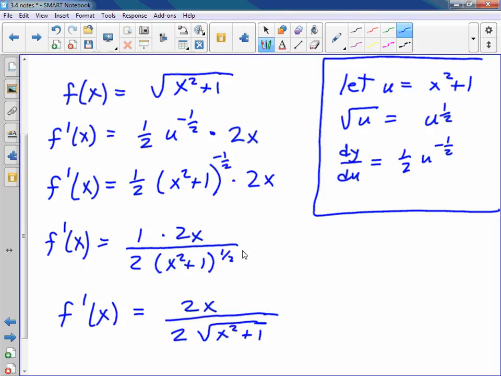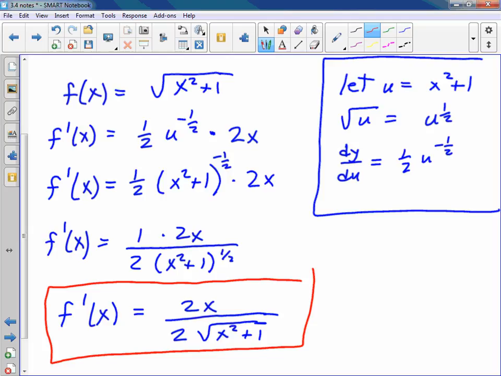Who cares? Okay, question. Anna, question? Okay. Because I have a composition of functions here, I have the square root of something as one function, and I have x squared plus 1 as another function.